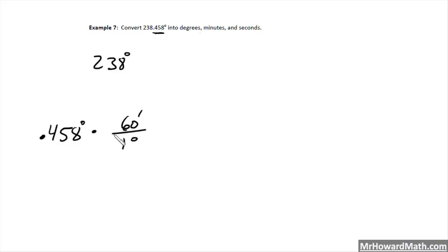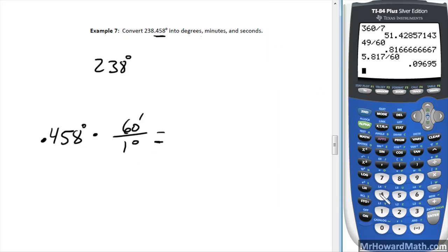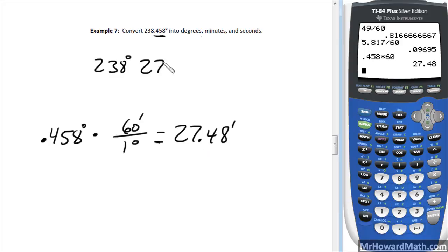So this time we're multiplying by 60. That's degree symbol right there, by the way. It's not 10. And let's bring up our calculator. I'm going to minimize this so we can see both. So we have 0.458 times 60 gives us 27.48 minutes. So we now know that our answer is 238 degrees 27 minutes.